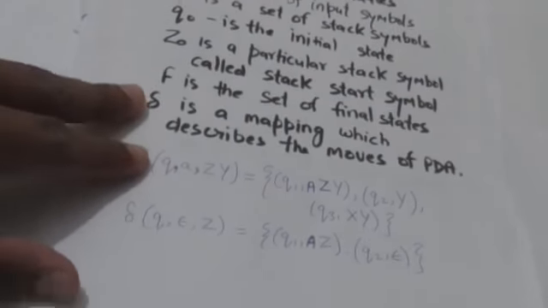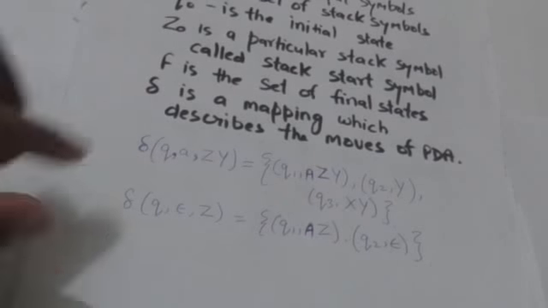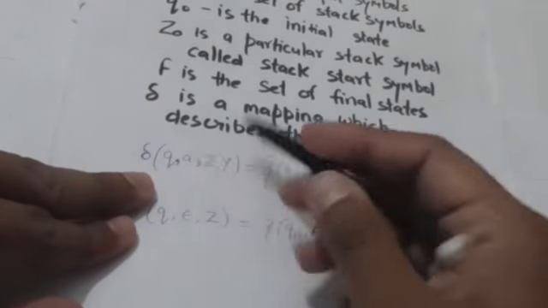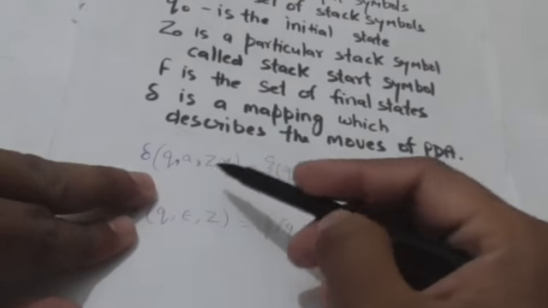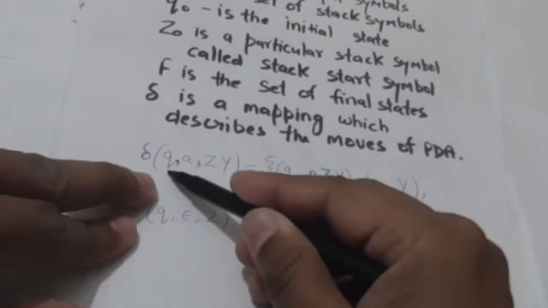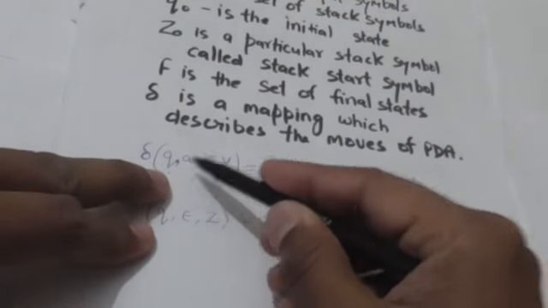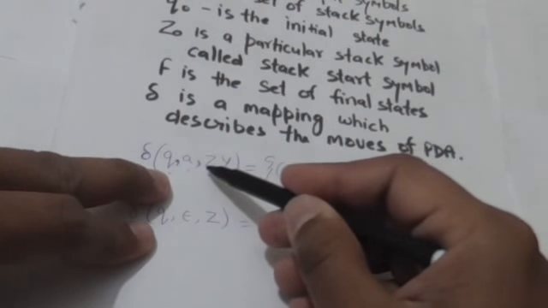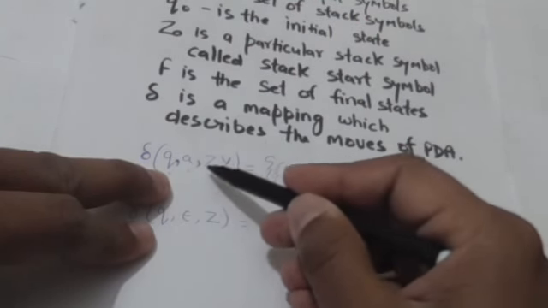Now see, this delta takes 3 inputs: the present state, the current input symbol, and the string in the stack, right?